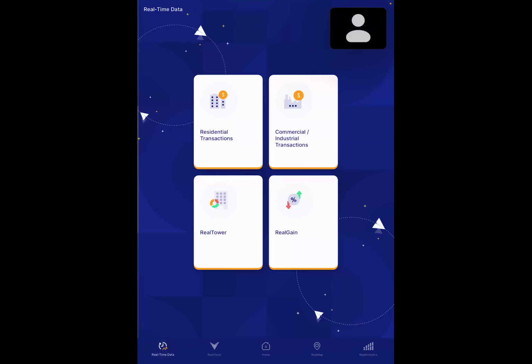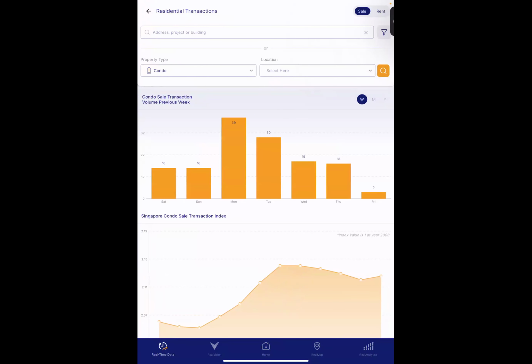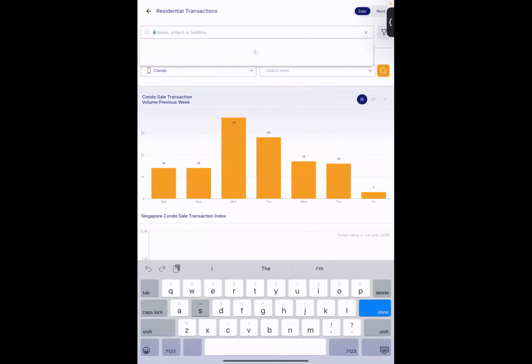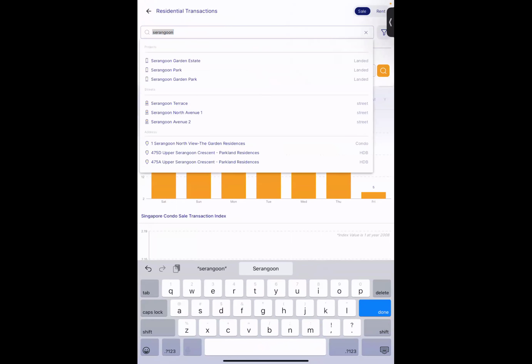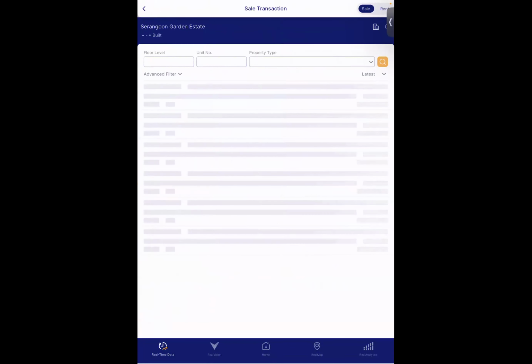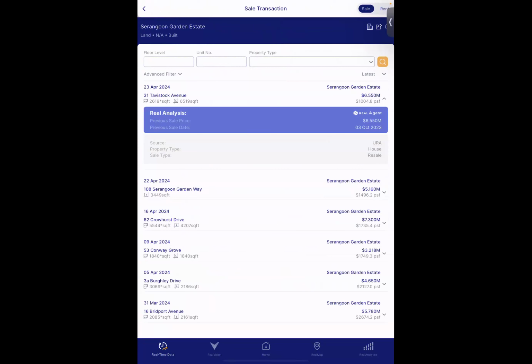So for landed, let's say we choose Serangoon Garden Estate. Once we are here, there will be a mixture of terrace, bungalow, or different types.